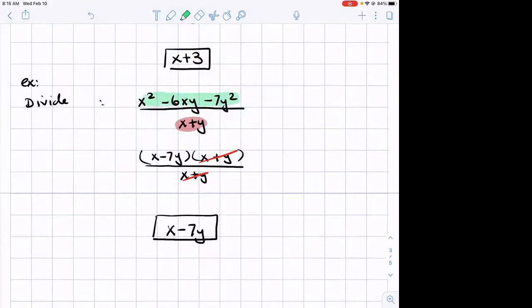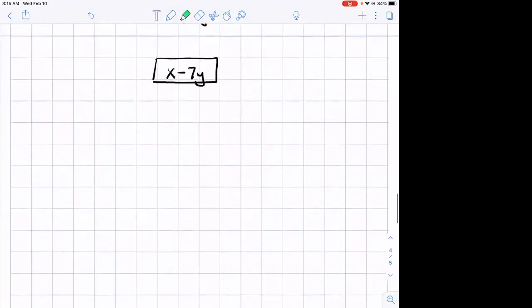If you did, that's good. You're good at factoring, or will get even better at it. Now, suppose I ask you to divide 2x squared minus 7x plus 9 by x minus 2.